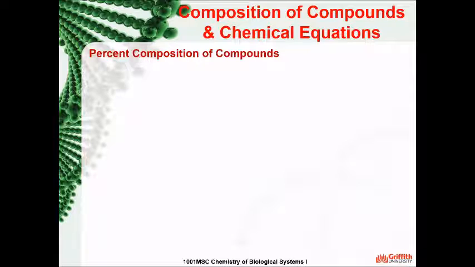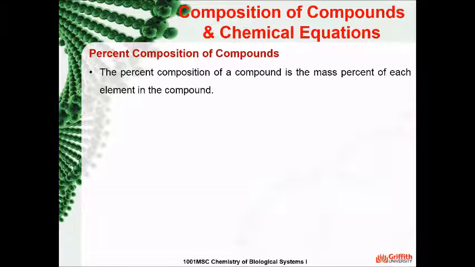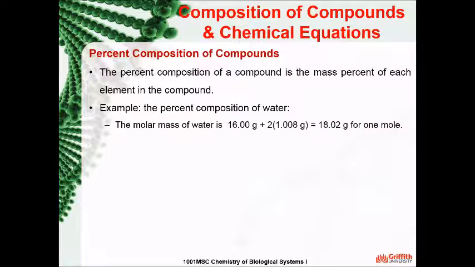The next topic in today's lecture is the percent composition of compounds. The percent composition of a compound is the mass percent of each element in the compound. For example, what is the mass percent composition of a water molecule, H2O? First, we calculate the molar mass, 16 grams plus 2 times 1.008 grams is equal to 18.02 grams.